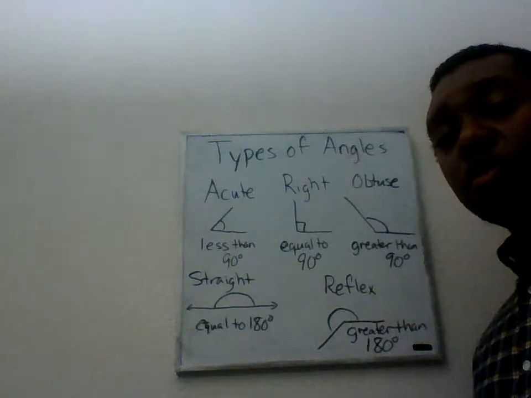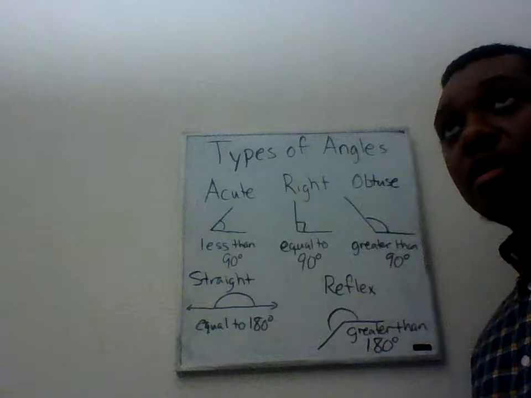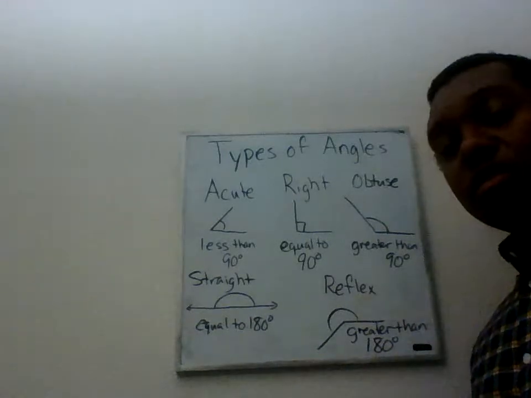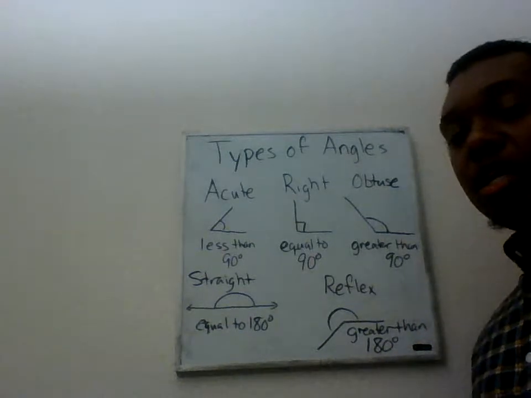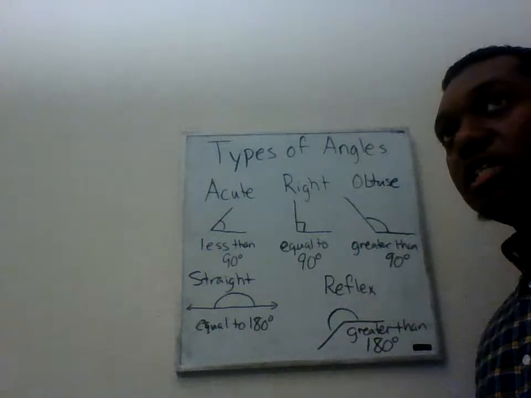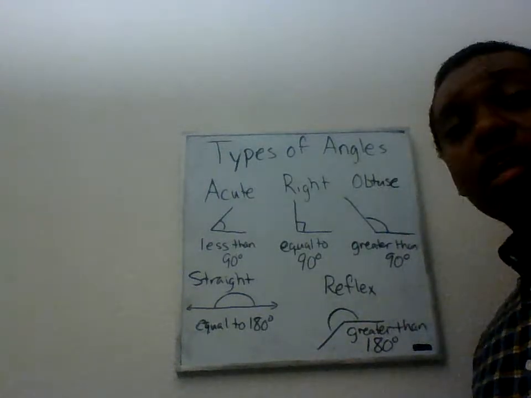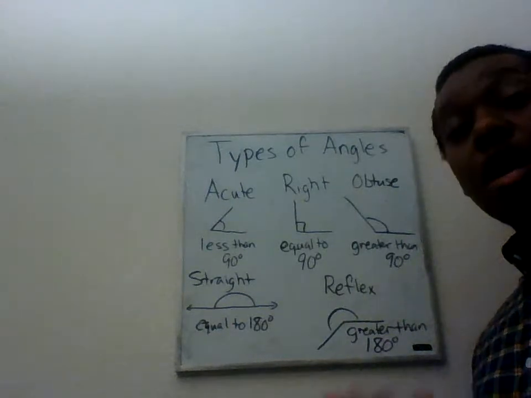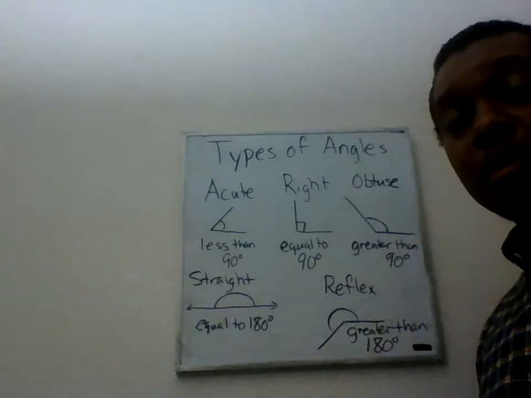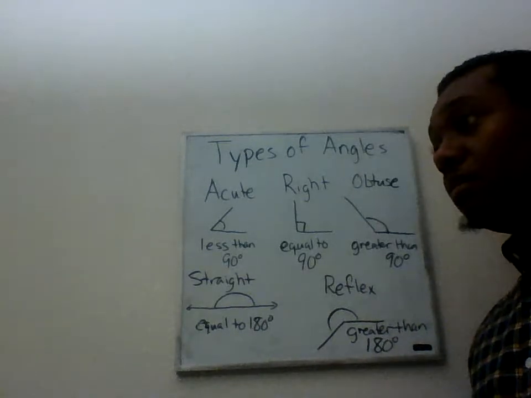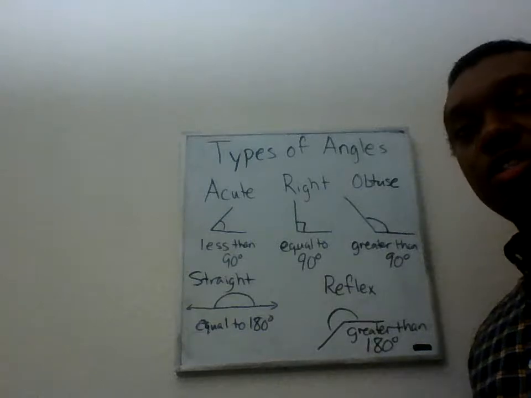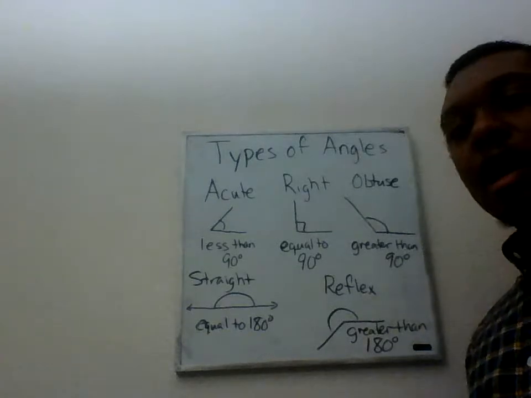Sometimes people think of obtuse being kind of like obese because it's a little larger. I try to stay away from that, but that's just the way that I've heard a lot of people remember it, so I'm giving that to you as well, maybe a way that you remember it. But obtuse objects are generally a little out of place.